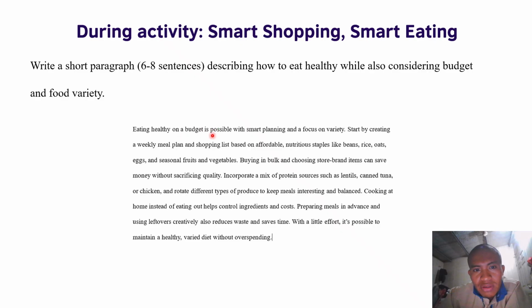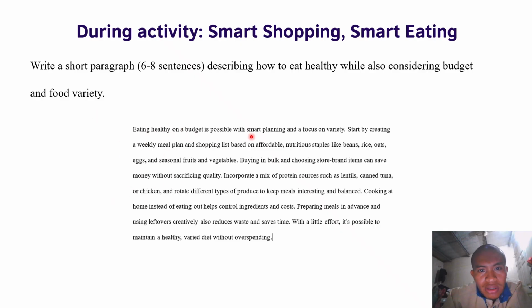However, you have to consider a budget: how much money you have, how many family members you have. So you have to spend your money wisely. If you're lacking money, if you are broke, just consider that. This is a sample paragraph, but you have to create a new one.